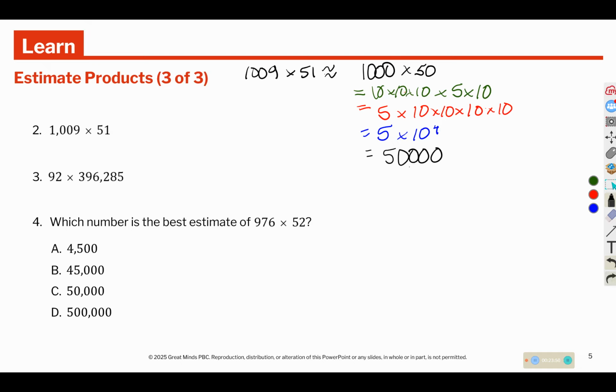And then we put the comma here where the thousands place is. So this reads 1,009 times 51 is approximately 50,000. This step is rounded to turn it into this step, but then all the ones beneath it are equal to this piece here.